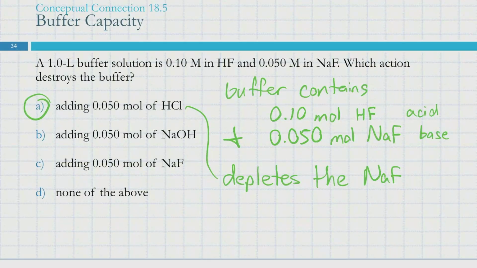So that should destroy the buffer. If we added the same amount of sodium hydroxide, that would use up about half of our amount of hydrofluoric acid. So that's not going to do anything. If we add that 0.05 moles of sodium fluoride, that's just going to make our buffer even stronger. Questions?